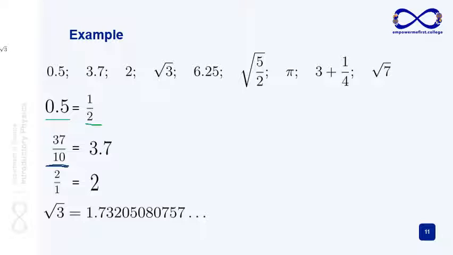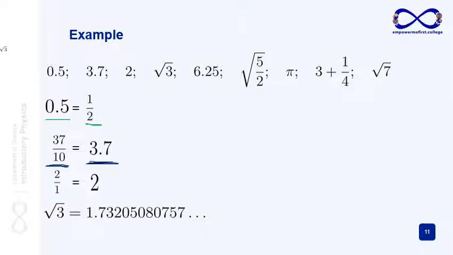That's another example. I'm going to give you a hint as well: you can divide 37 by 10 and you get 3.7. Does this fit into the rational number definition, or does it fit under irrational numbers?